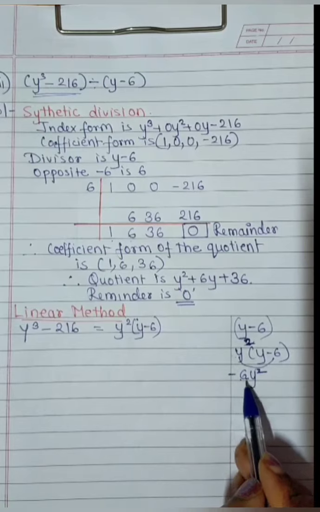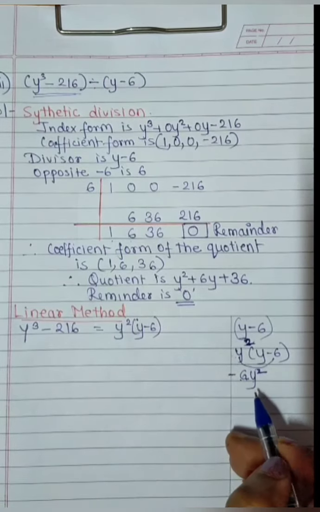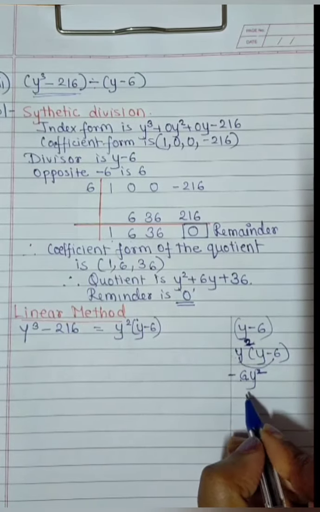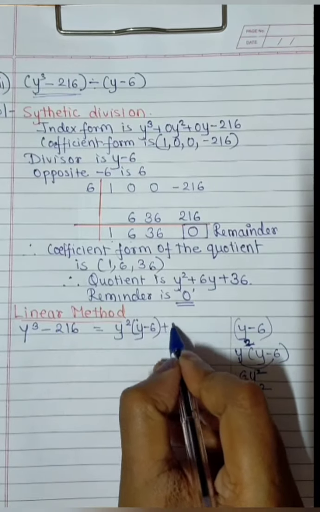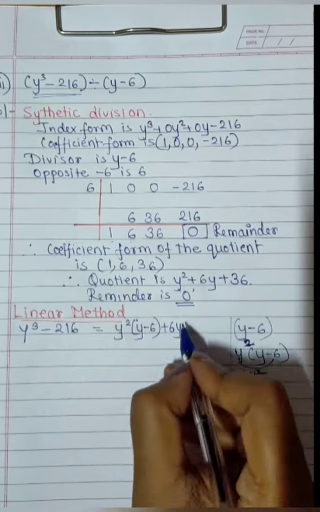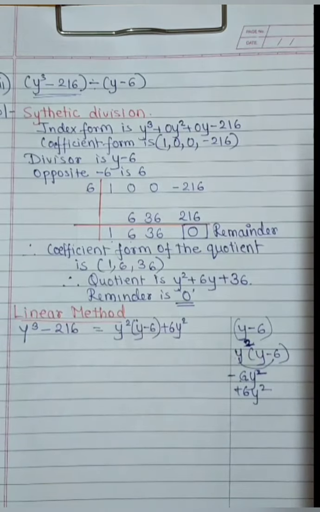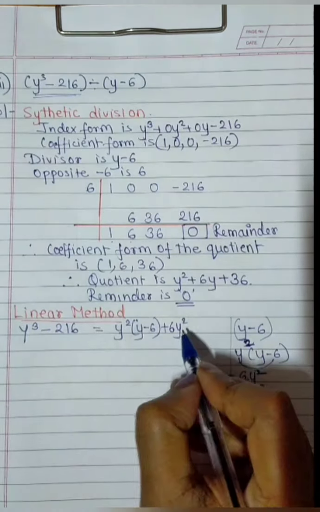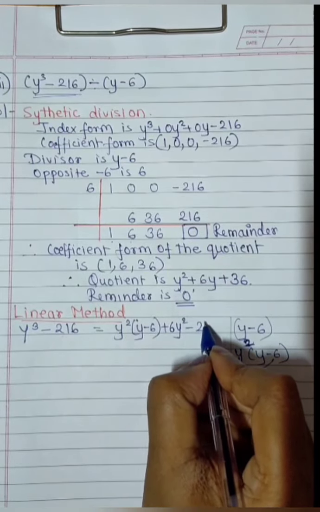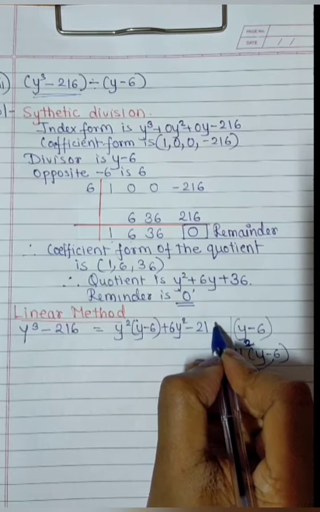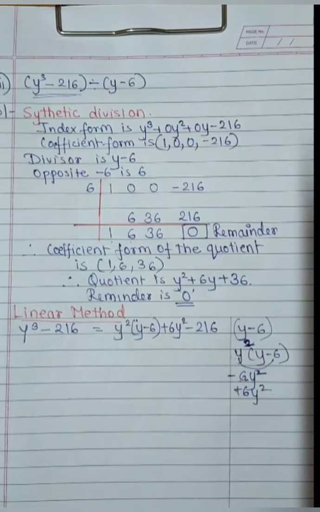Now we will change the sign, we will get plus 6y square. So I am writing plus 6y square, and the remaining number is minus 216. I hope you are understanding.